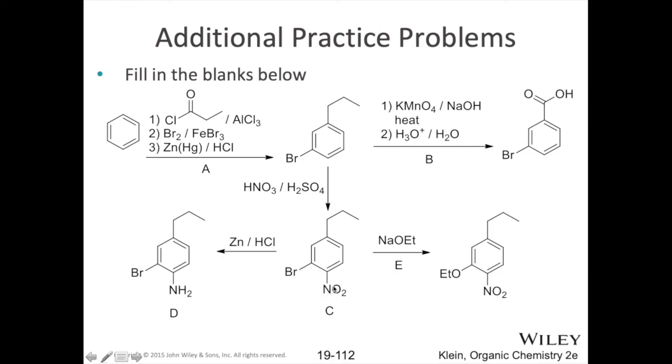Remember, we need those two groups to be either ortho or para to each other, and in this case, they're ortho. This meets the requirements for an NAS reaction, and that's what happens. We swap out the bromine leaving group for our ethoxide. So again, we need to have our ethoxide in a nucleophilic form here, so we use sodium ethoxide as our nucleophile, as opposed to, let's say, ethanol, which is only weakly nucleophilic.